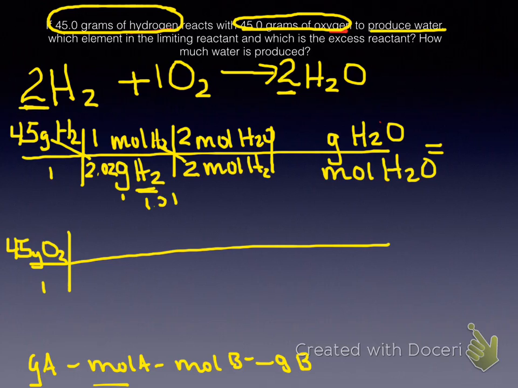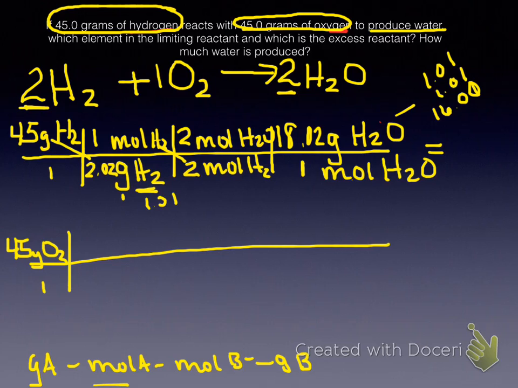And then finally here we have moles of water and grams of water. It's going to be 1 mole of water. I need the molar mass of water. So I'm going to add up all of my elements, and I'm going to find out that it is 18.02 grams. Then I'm going to calculate.